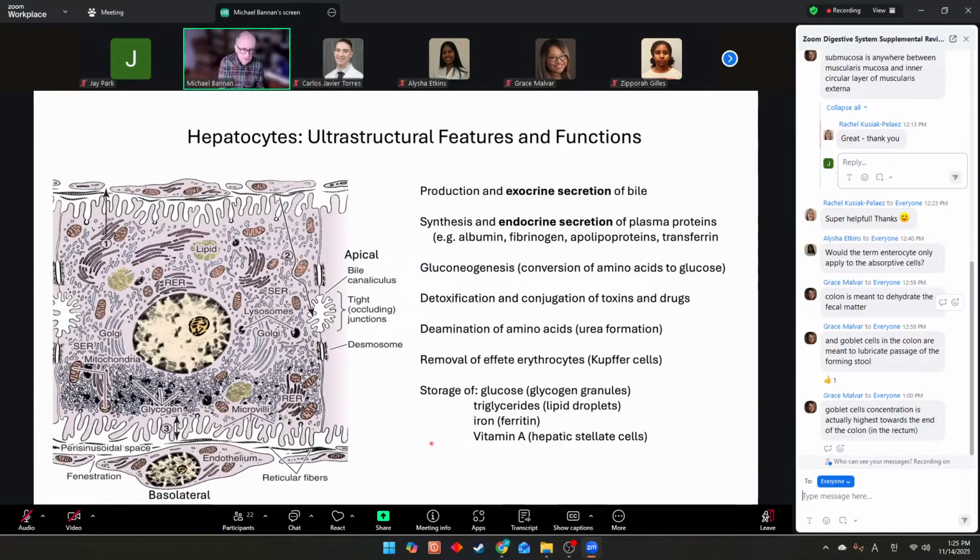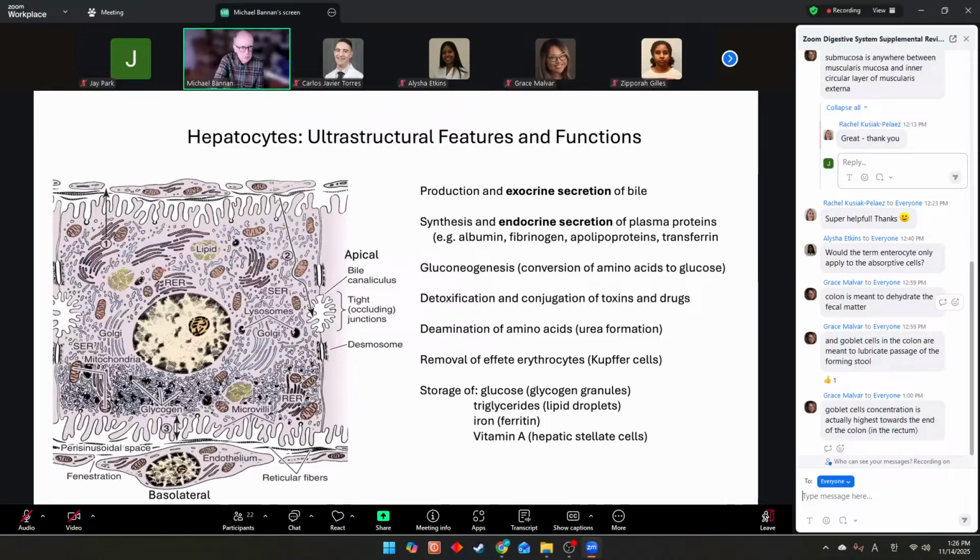So let's just take a look at this drawing for a minute, and you can see that the heterogeneous group of organelles reflects this heterogeneous group of functions of the hepatocyte. So if you look at some of the things we have in this drawing, we have lots of RER, rough endoplasmic reticulum, to synthesize proteins.